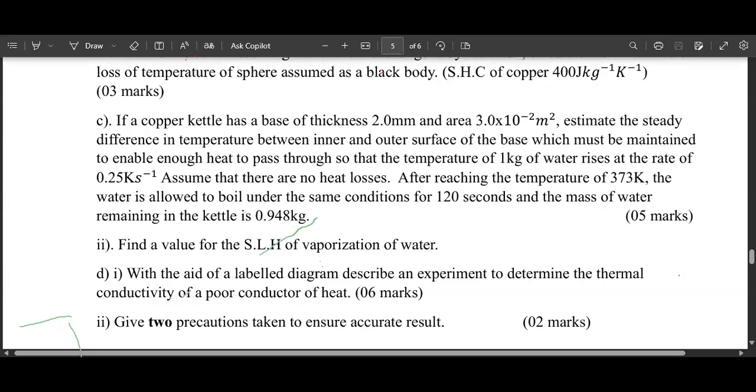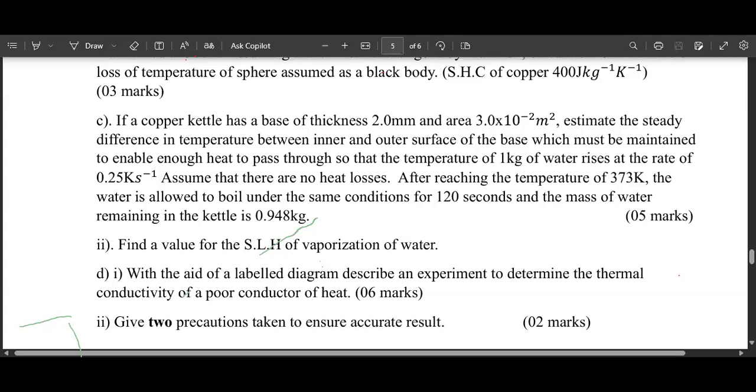So that is part C. I want us to go through part C, and I think we may end here for the interest of time. So part C, we have a copper kettle and has a base of thickness 2.0 millimeters and an area of 3.0 times 10 power negative 2 meters squared.